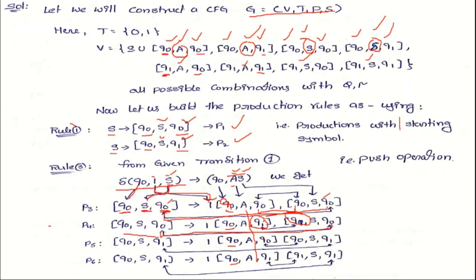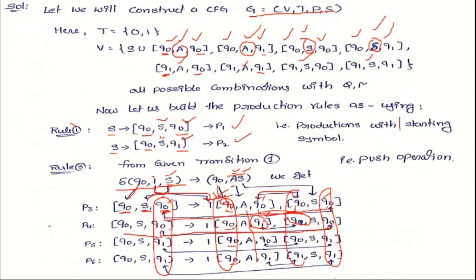This last state is as it is from here. These both are the same for each production rule. And the next state here, whatever the next state is, the same state can be copied here. Here we consider all possible states: one time Q0 is the next state, one time Q1 is the next state. So these 2 must be common.